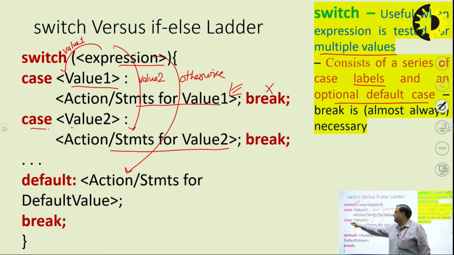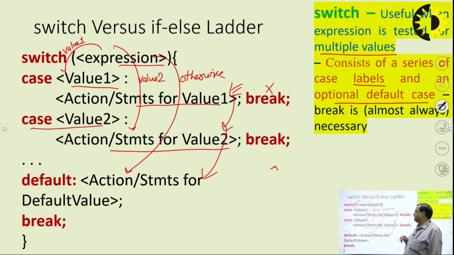These are simply labels. Labels means some mark in the programming code. So these marks will be ignored, and after executing this, it will come here, and after executing this, it will come here. So that means when the first case is selected, all the code after that case will be executed if we do not use the break statement.